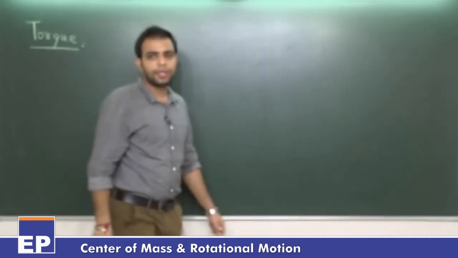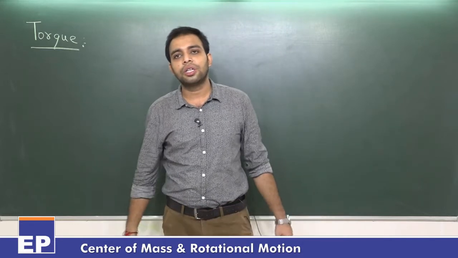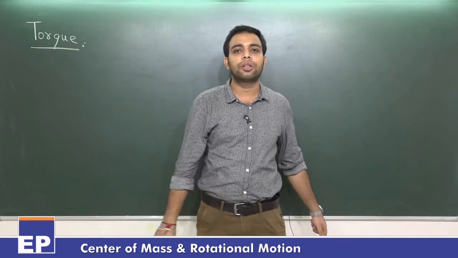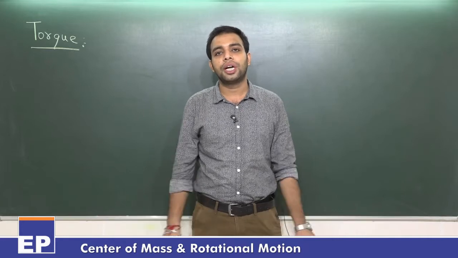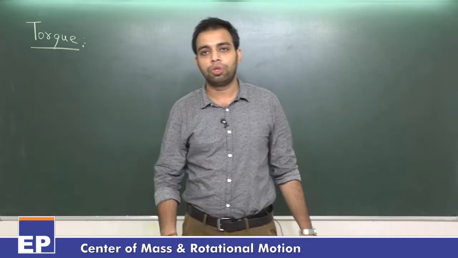Look, what is torque? Torque is basically, you know, that in translational motion a force acts on a body due to which it starts accelerating. The same is the role of torque in rotational motion.